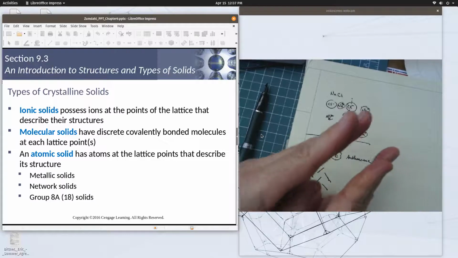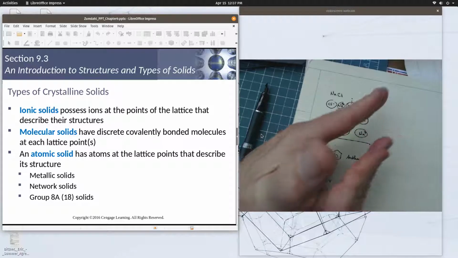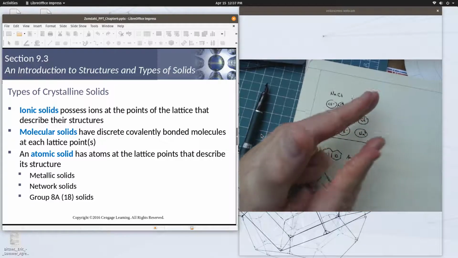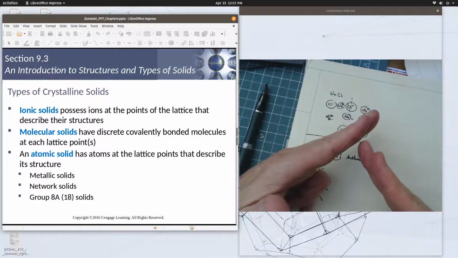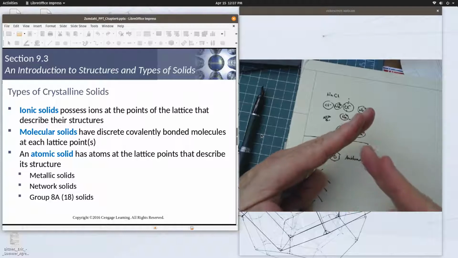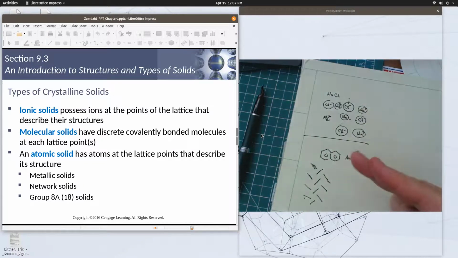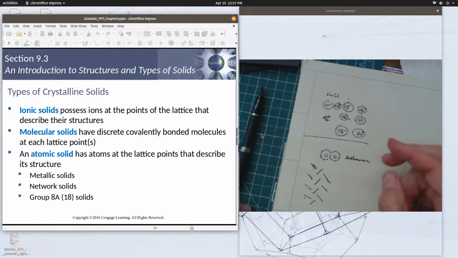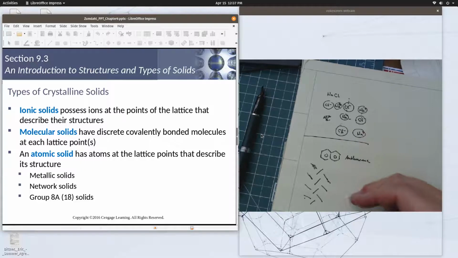It's stacked on top of each other, and so I can slide very easily in this direction. In fact, they're slightly offset like this, and then the next one sort of comes in this herringbone structure. So I have this like T here and another here forming this herringbone structure for the anthracene, and that defines a molecular solid, and an atomic solid is where I would have the atoms at the lattice point.